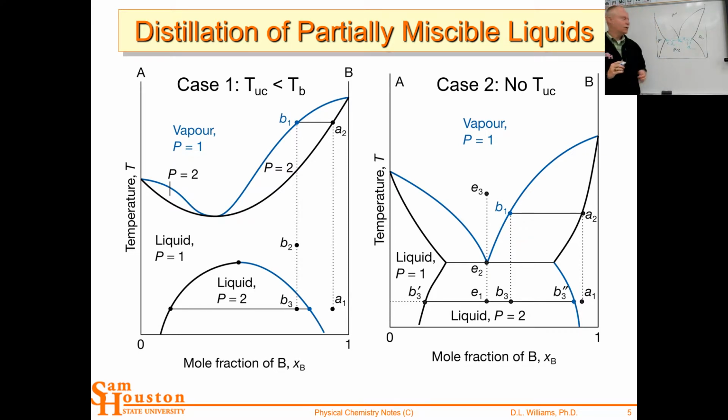So our liquid phases, N1, D1 is equal to N2, D2, to figure out how many of these moles we have in this phase, D1 and D2. And then the composition of the vapor at equilibrium with those two liquid phases is right here, the vapor composition.